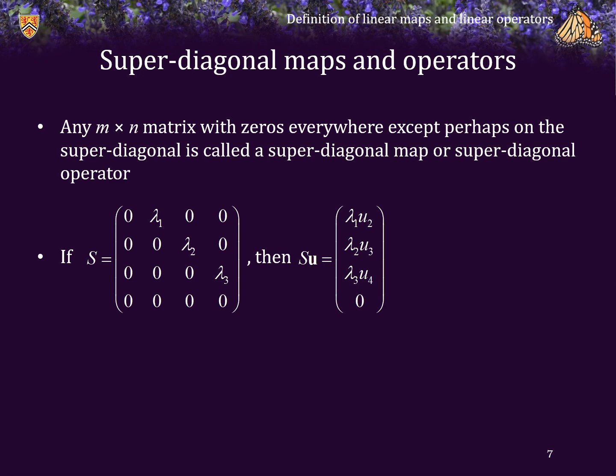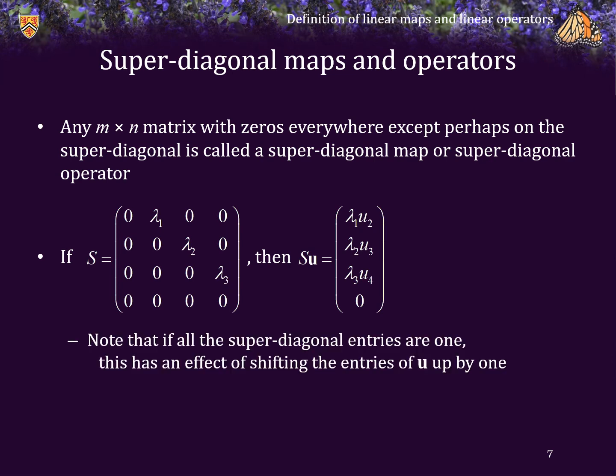So here we see a superdiagonal matrix mapping R^4 onto R^4, and we note that the effect of this matrix is to simply shift the values up by 1, setting the last entry to 0, and then multiplying each of the entries by the corresponding value. Note that if all the superdiagonal entries are 1, this has the effect of shifting the entries of u up by 1.